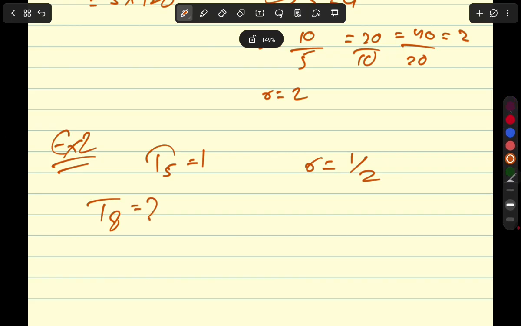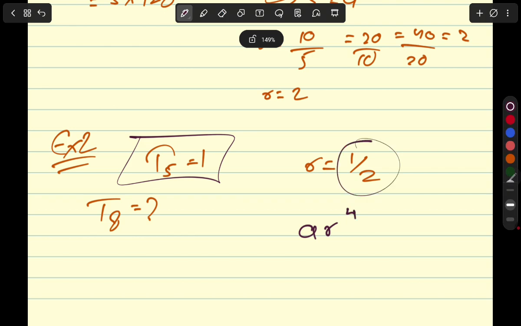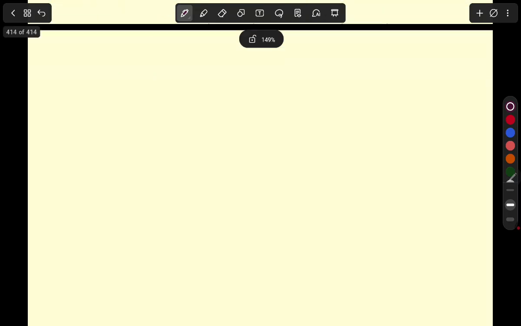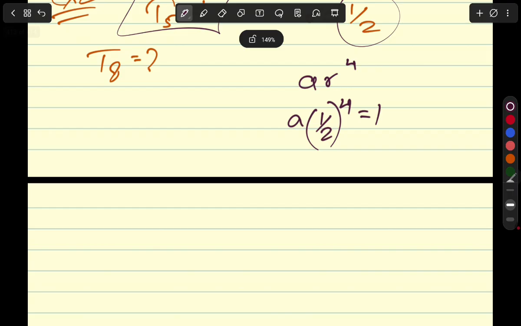Term 5 is 1. So I can rewrite term 5 as a times r to the power of n minus 1, which is 5 minus 1, which is 4. And r is already given as 1/2. So a multiplied by 1/2 to the power of 4 is equal to 1. So I can find a from here, because this is a multiplied by 1 upon 16. So a is nothing but 16.